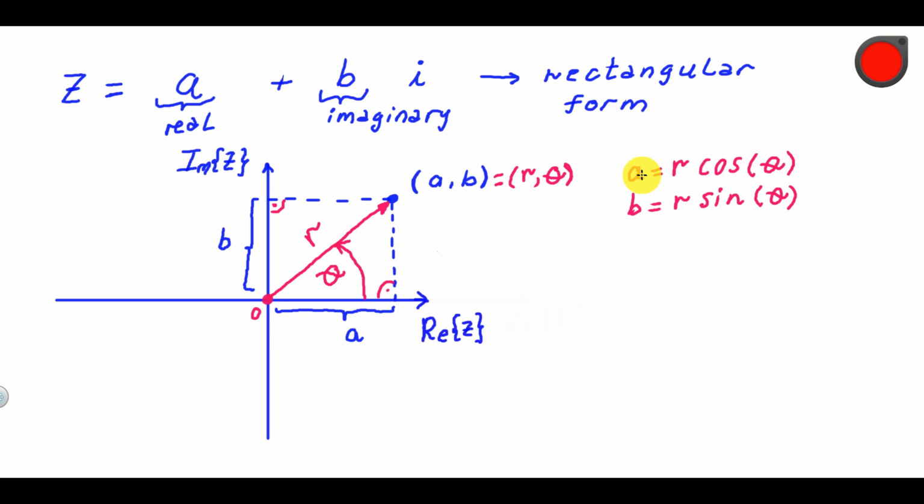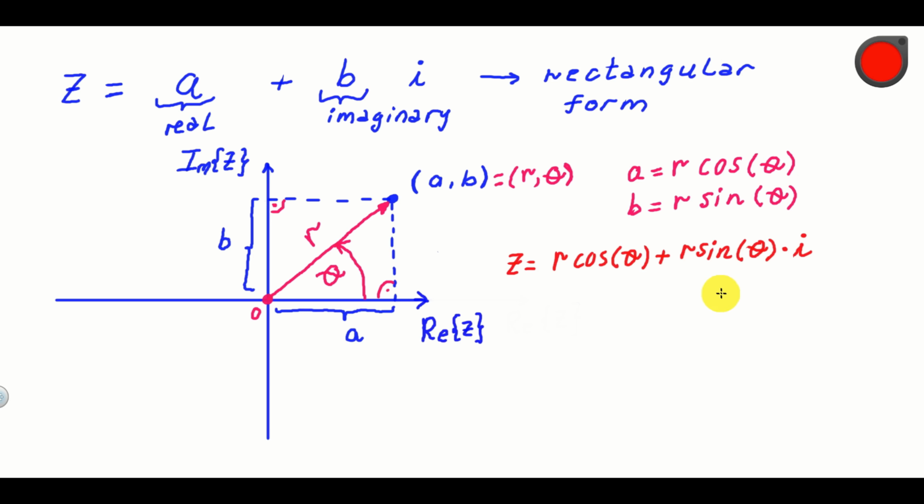Consequently, if we substitute these expressions for a and b in the rectangular form of the complex number, that is, in this equation, we obtain z is equal to, instead of a, we will write r cosine theta. Then, instead of b, we will write r sine theta. And over here, we also need to multiply this imaginary part by the imaginary unit i.